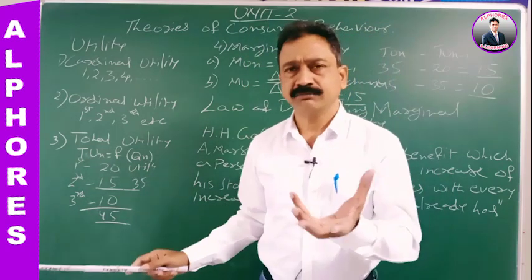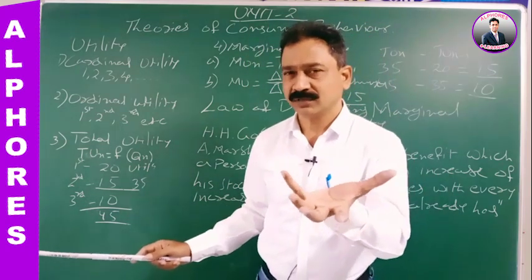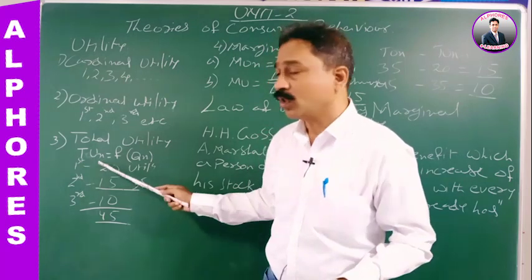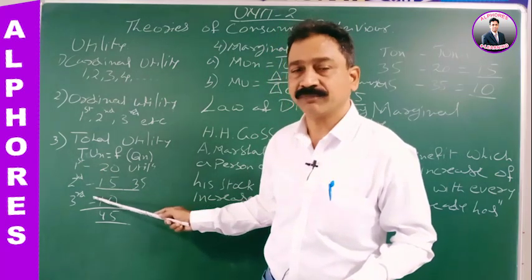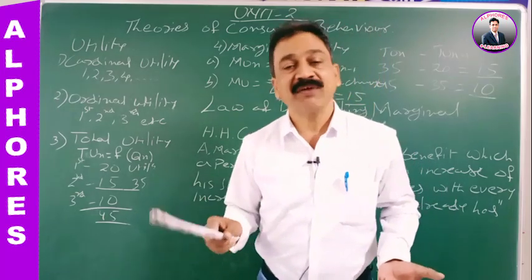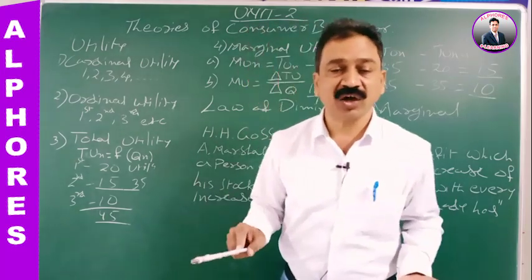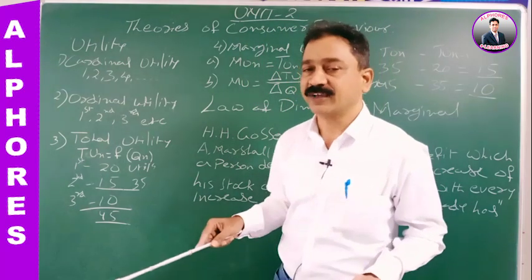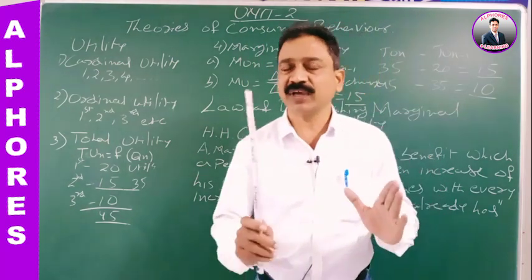It may be mangoes. Nowadays it is summer, no? A lot of mangoes, so the quantity of mangoes is increasing, that diminishes with every increase in the stock that he already has. Let me read out the definition again.